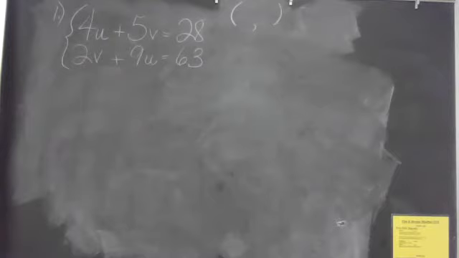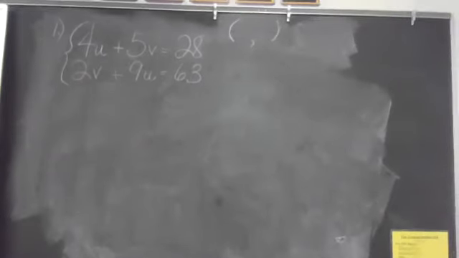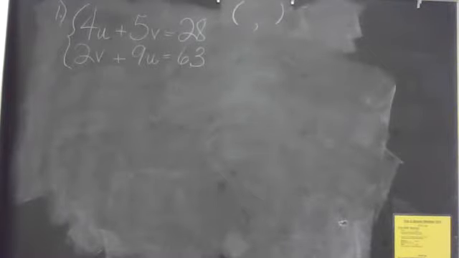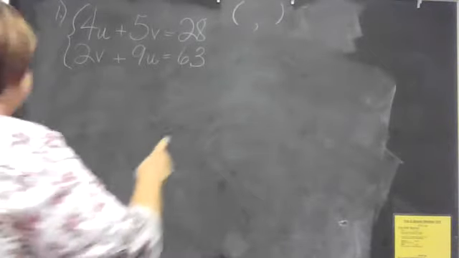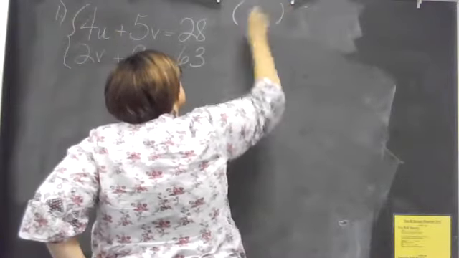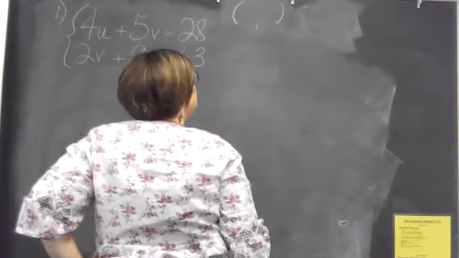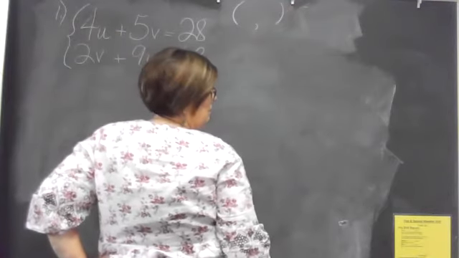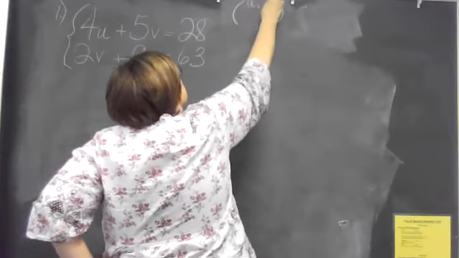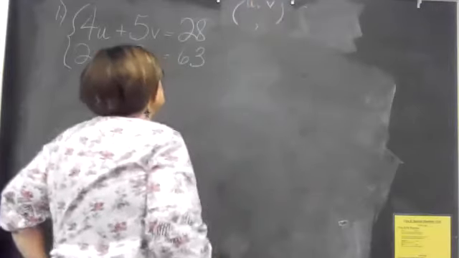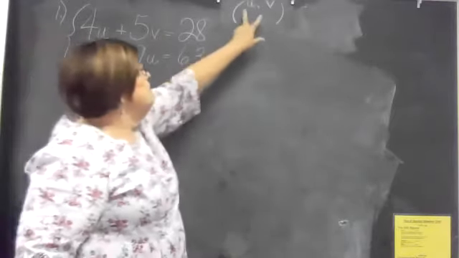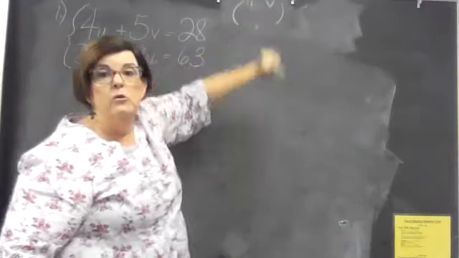Just a minute ago, I told everybody watching which one we'll use first. Which letter goes here and which letter goes here? U. Alphabetical order. U and then V. We always know it's X and Y, but if they're not using X and Y in the problem, then we put these letters in alphabetical order.